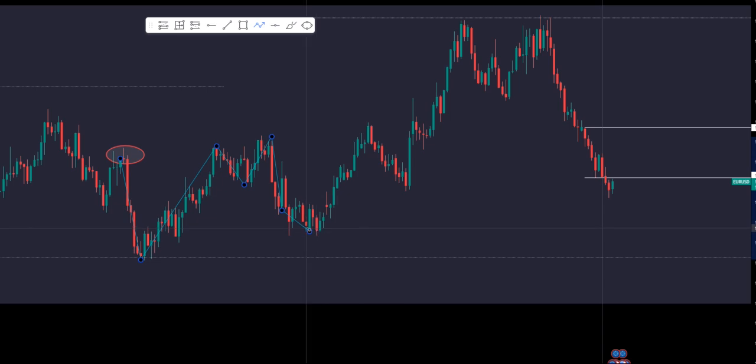So here it was the last area where the market started to push up. Okay, as long as the price didn't break this low right here, we are bullish. Okay, we can buy.